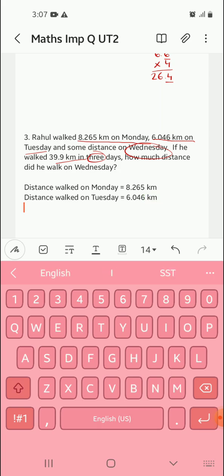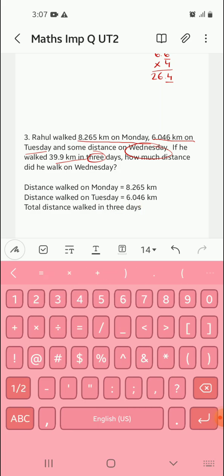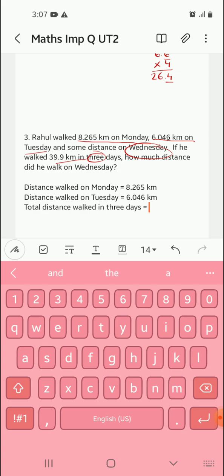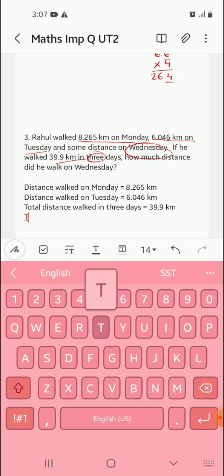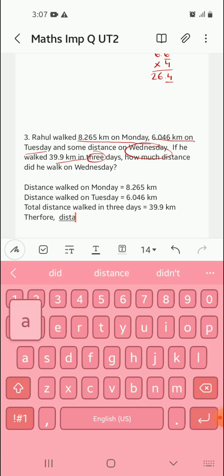Now Wednesday we need to find out. We know the total distance walked in 3 days. So we're going to write total distance walked in 3 days is equal to 39.9 kilometer.